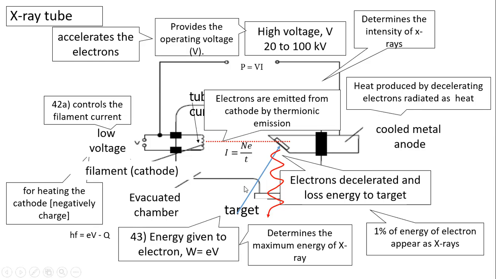This Q is the energy given to the anode. So the kinetic energy of the electron, part produces X-ray, part produces heat. And the minimum wavelength is where your Q equals 0, where you get maximum frequency.